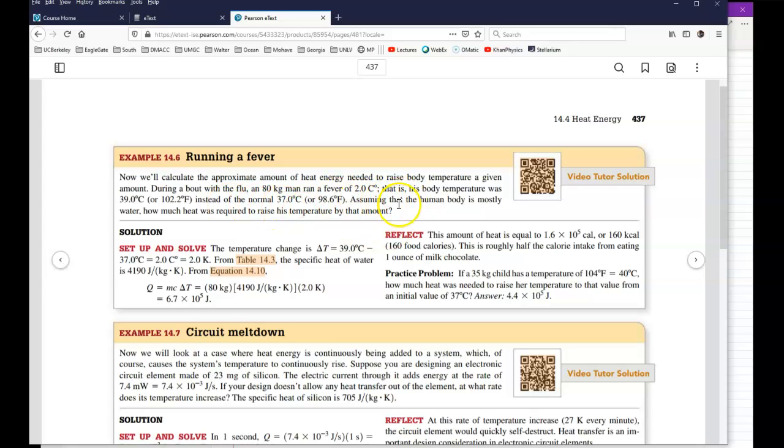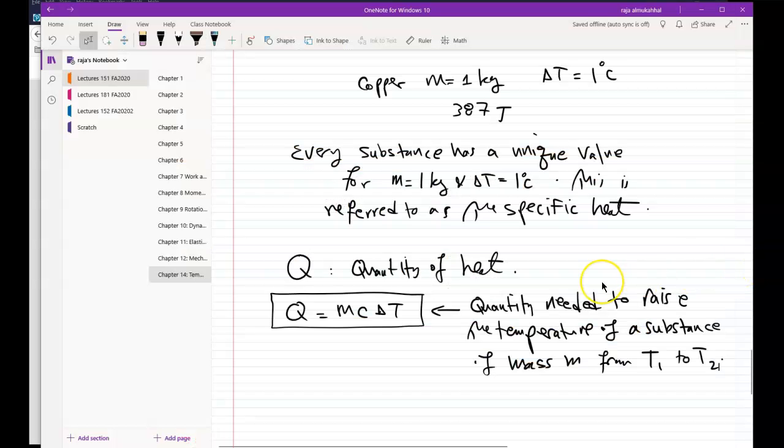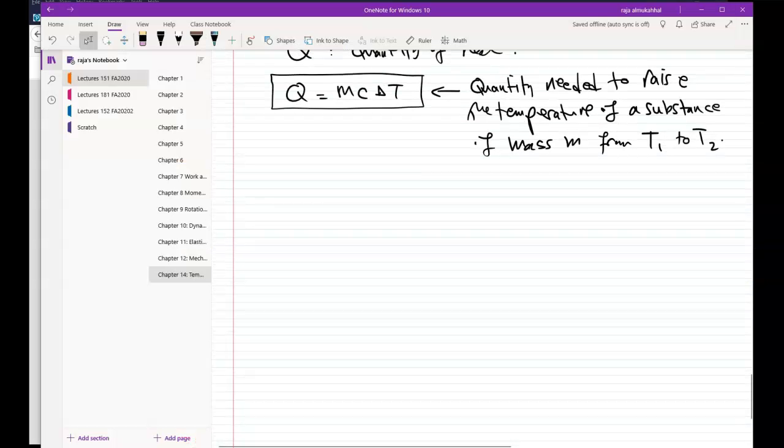Assuming that the human body is mostly water, how much heat was required to raise his temperature by that amount? He basically wants the Q value of it. You see what I'm saying? So how do we do this problem? Simple, I hope. You want to keep that formula in mind, this one right here.